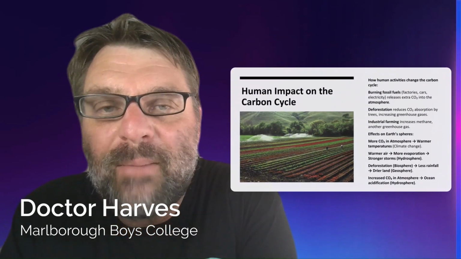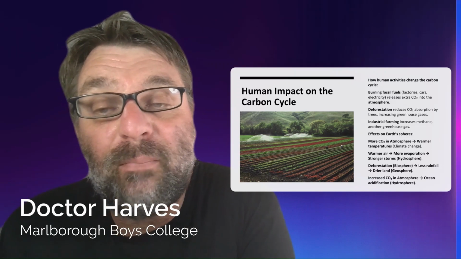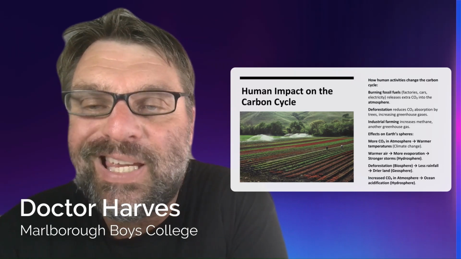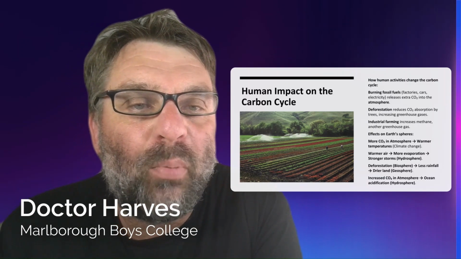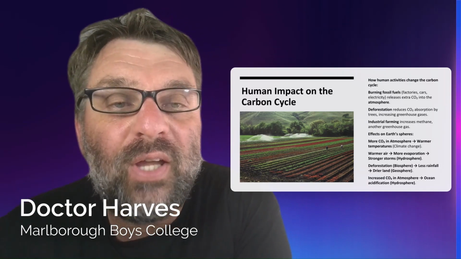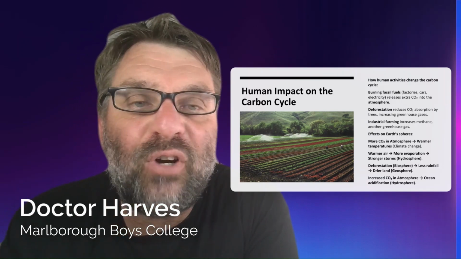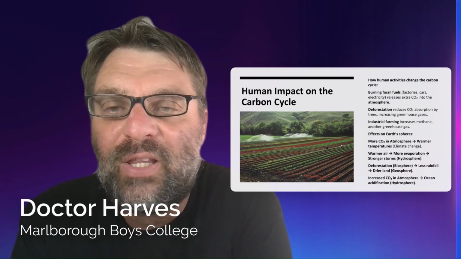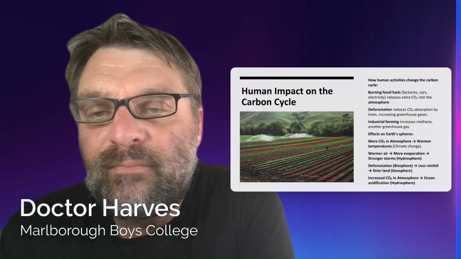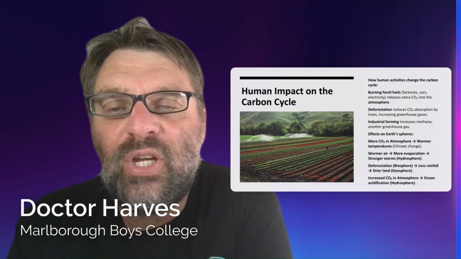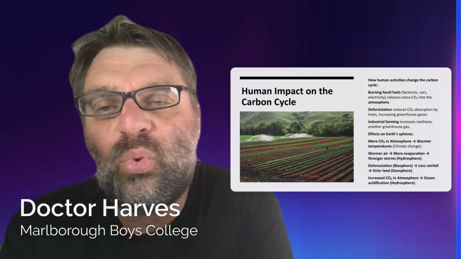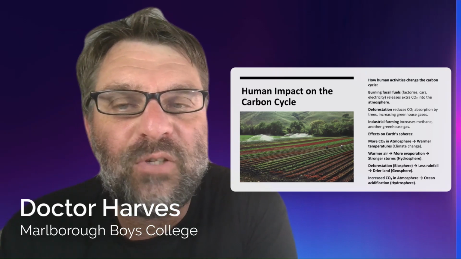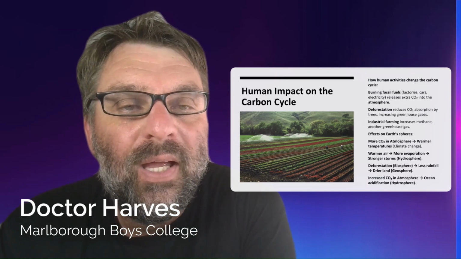So in terms of the human impact on the carbon cycle, which is a very important aspect of the internal assessment, burning fossil fuels is one thing I'm going to focus on here. Your cars, for example, release carbon dioxide back into the atmosphere. As soon as you break those carbon-carbon bonds and form carbon dioxide, energy is released, which is good, but it also releases carbon dioxide into the atmosphere, which can cause global warming.